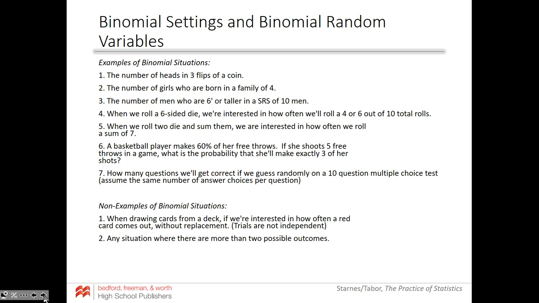So in this case, my successes would be rolling a 4 or a 6. My failure would be rolling a 1, 2, 3, or a 5. So even though it's 2 possible outcomes, I can still say the probability of success is 2 out of 6, right? I still have independence, so number 4 is still binomial.